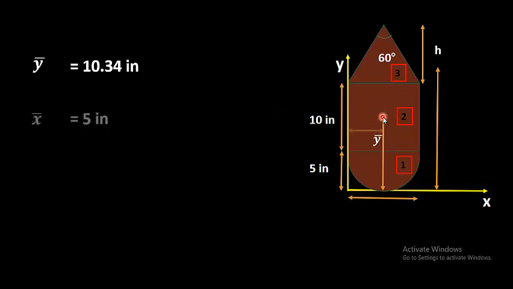Now x dash is 5 inches, so the half of this whole composite figure, where the arrows coincide, is called the combined centroid of the whole figure, and it is called the center of gravity or centroid. So in this video we have found the centroid of this composite figure.